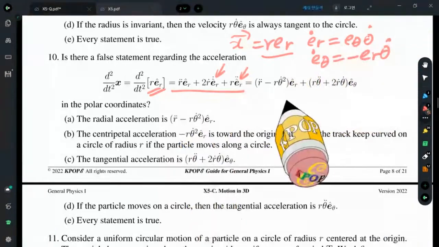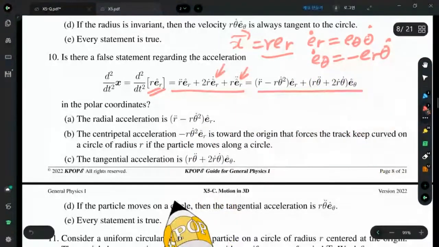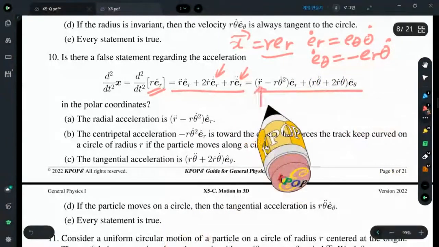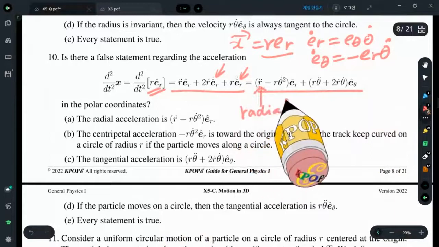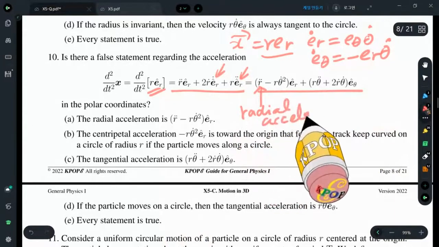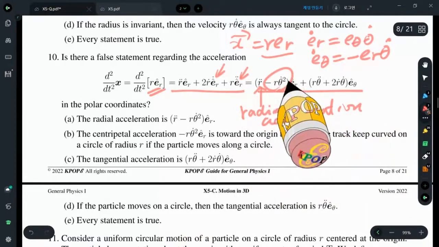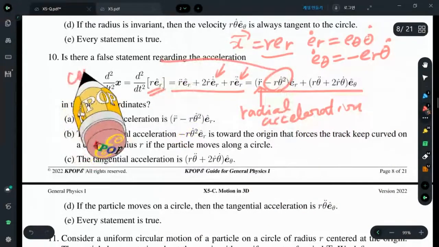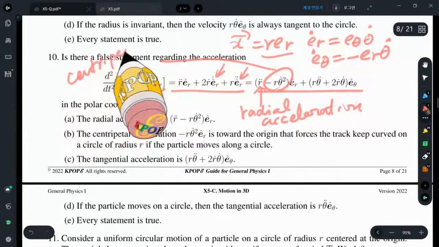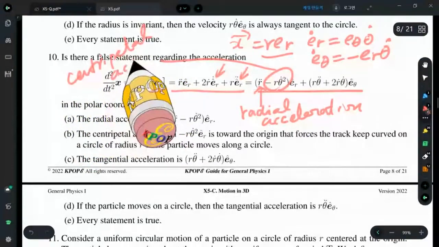Substitute, so you will find this result. And this is a radial acceleration. This one, r omega squared, is a centripetal acceleration.